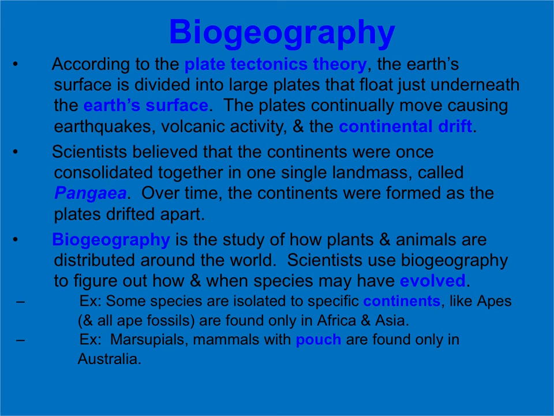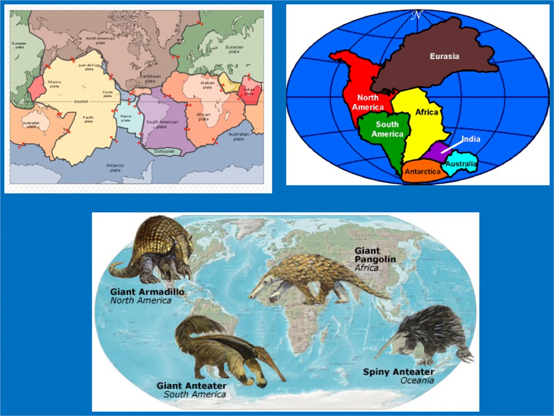One example is apes are in Africa and Asia, elephants too, and marsupials are going to be in Australia. So they're seeing a trend there with where these animals were distributed. This is just showing you Pangaea, what it would look like, and how each continent has specific organisms for specific places.